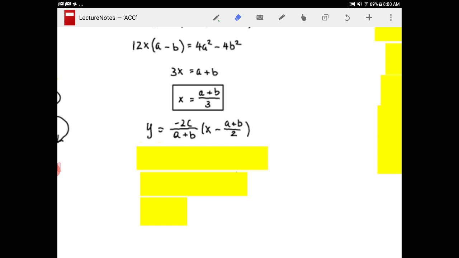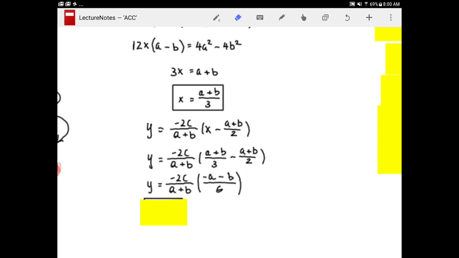And if I take the x-coordinate of the centroid and substitute it into this equation, we'll end up with something very, very nice. And then finally, we'll end up with y is equal to c over 3. So the y-coordinate of the centroid will be c over 3, and the x-coordinate will be a plus b over 3.